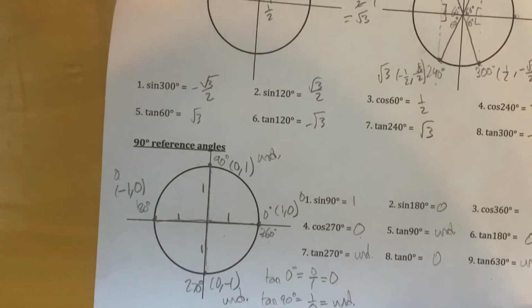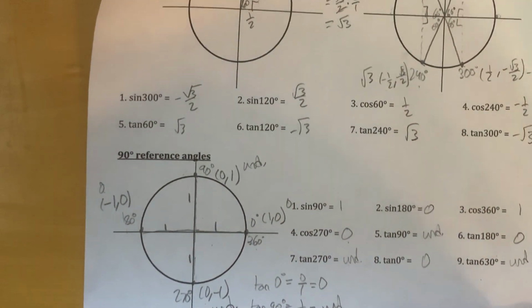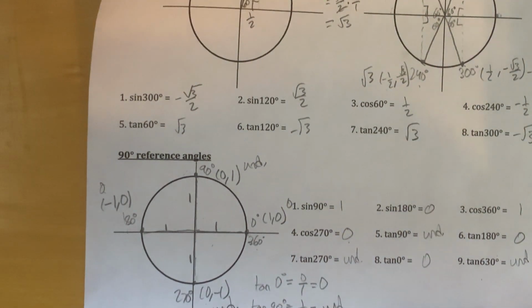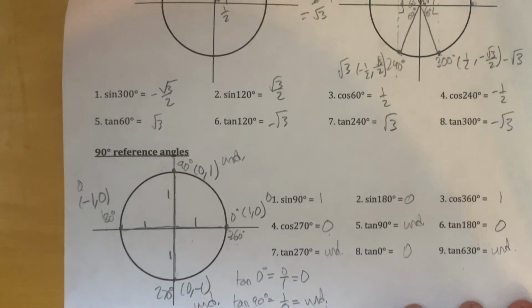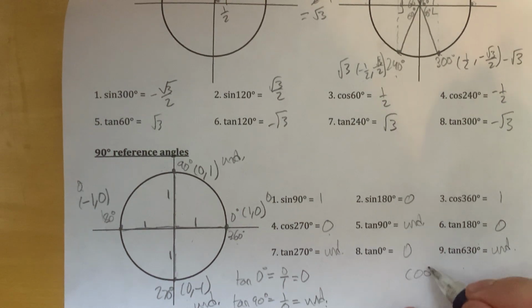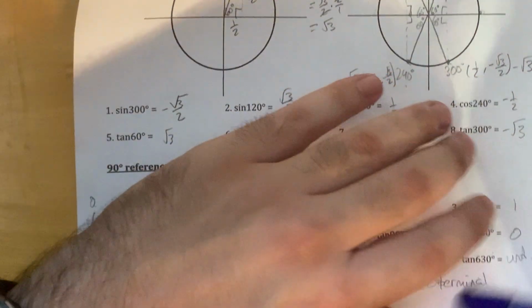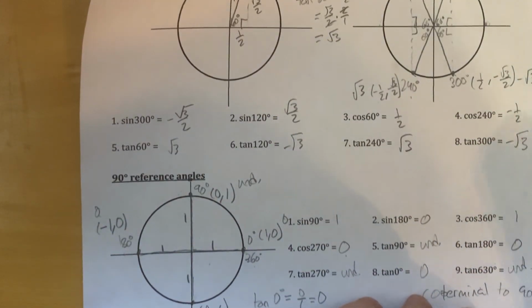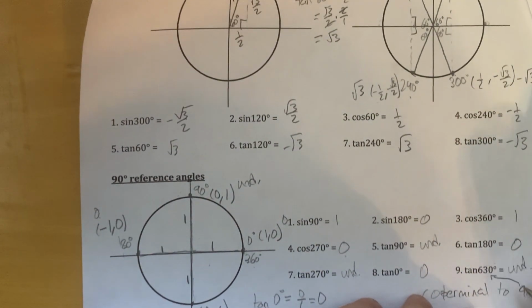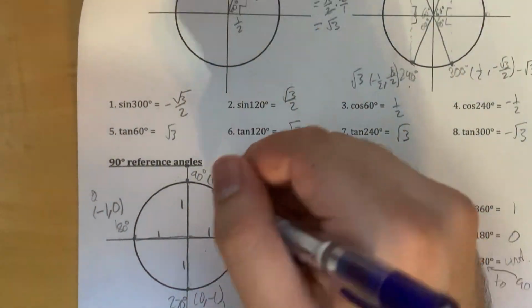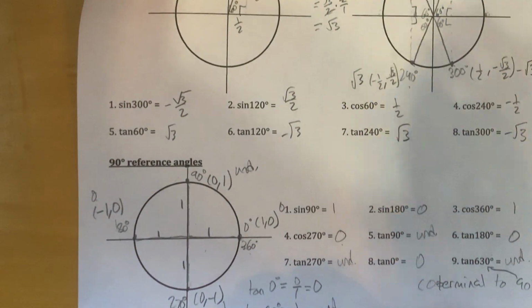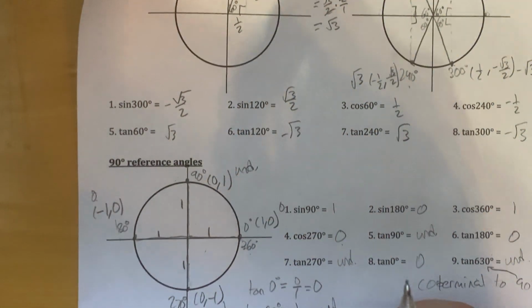It's a coterminal angle, meaning it's going to end up at the same exact spot as 90 degrees. I hope that makes sense, the term coterminal. That's why it's undefined. It has all the characteristics of 90 degrees with unit circles.